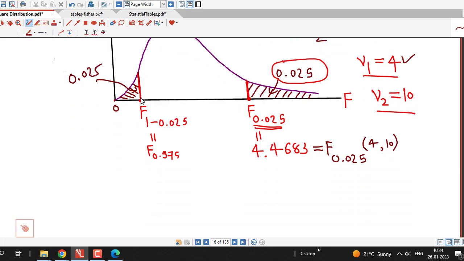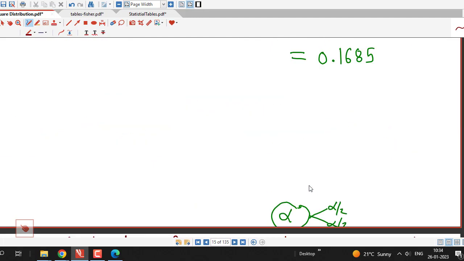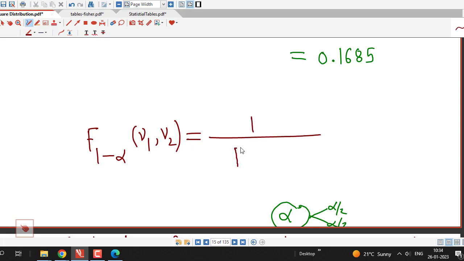Now what about this other point? Because the area to the left side of this point is 0.025, we will use this identity: F suffix 0.975. Remember this identity: F suffix 1 minus alpha with numerator degrees of freedom nu1 and denominator degrees of freedom nu2 is equal to 1 over F suffix alpha, and interchange these two.